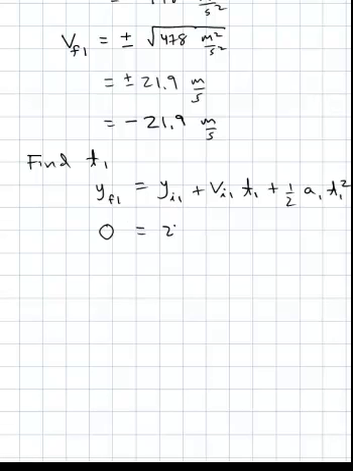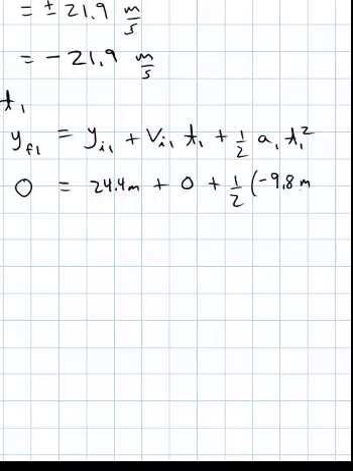Y initial is positive 24.4 meters. I have 0 for my initial velocity. 1/2, my acceleration is negative 9.8. And my time is what we're solving for, right? And so I end up with t squared is 24.4 meters over 4.9 meters per second squared.